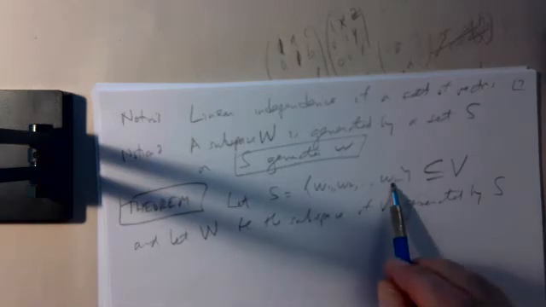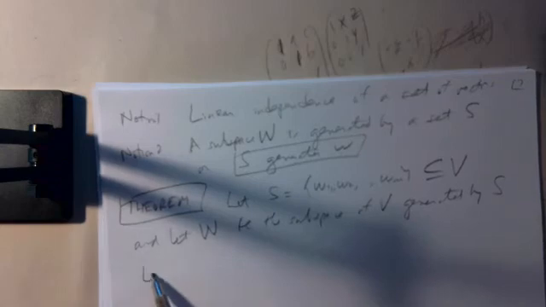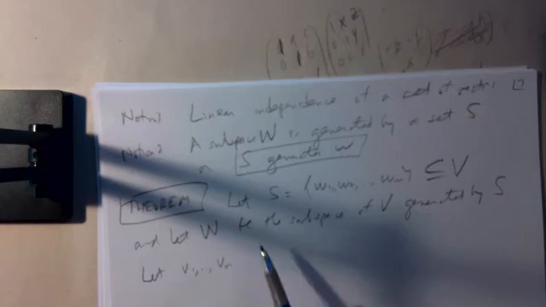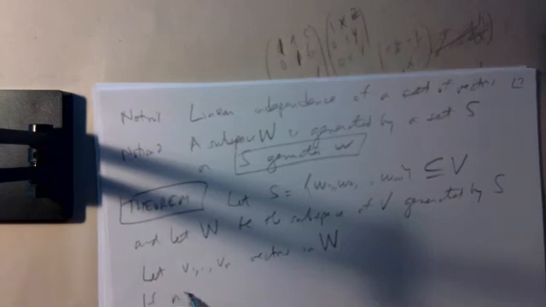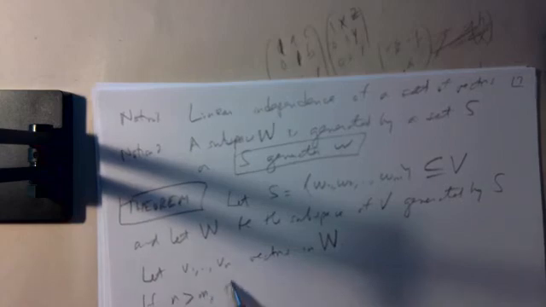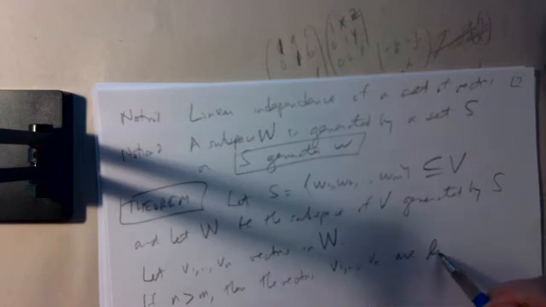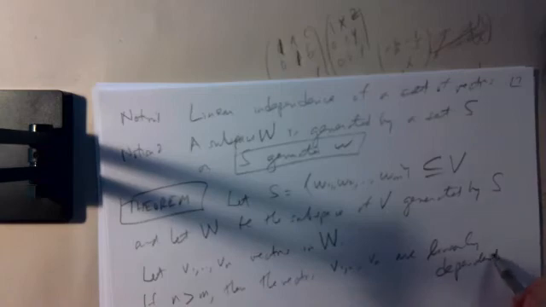So I have m vectors in my generating set. Suppose I take a set of V1 up to V sub n vectors in W. So the theorem says that if n is bigger than m, then the vectors V1 up to Vn are linearly dependent.